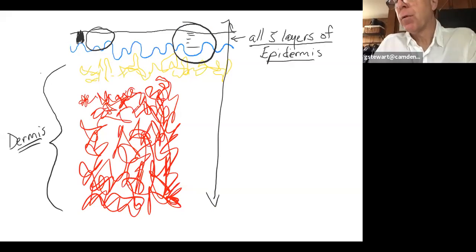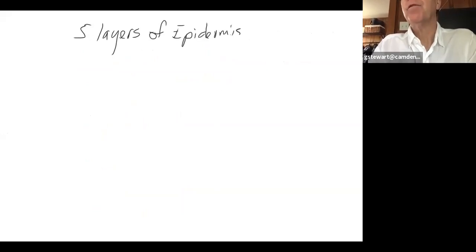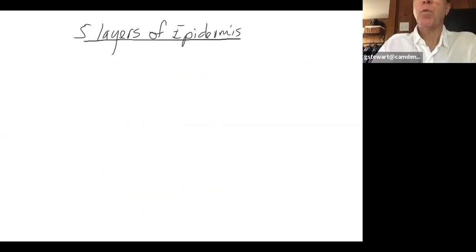Last whiteboard of the day, and then I'm going to quit. We're just going to do the 5 layers, those upper layers of the epidermis. So I'm going to go through just how I drew my original picture on the last board, as well as the 5 layers that I went through.